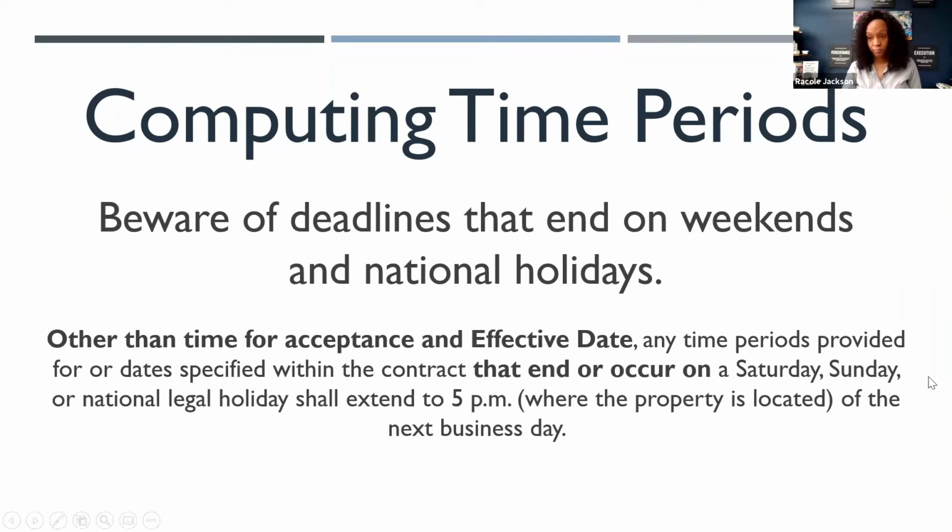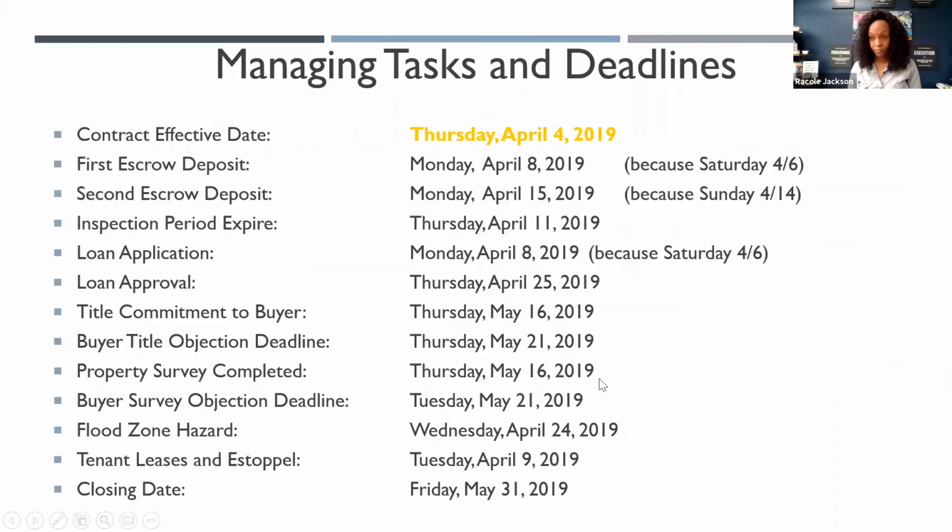So going back to our hypothetical, their deadline, which obviously with escrow deposit, they're making it via wire, is going to do it before 5 anyway. But let's say that was the inspection period. We would have needed to hear from the buyer by 4:59 on Monday, April 8th, if Saturday 4/6 was their deadline for inspection.